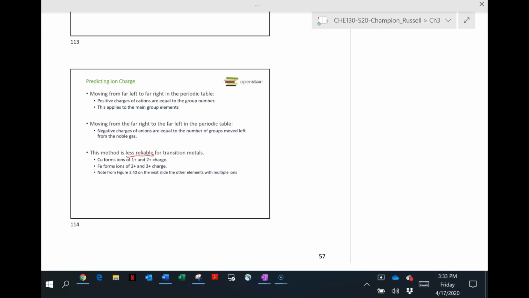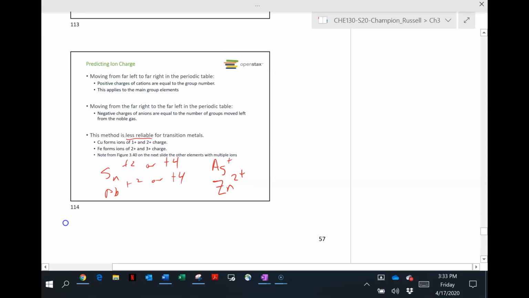For example, we know copper is either +1 or +2, iron is +2 or +3, tin is either +2 or +4, lead is typically either +2 or +4. Silver is almost always +1. Zinc is almost always +2. And of course, if we write +2 or 2+, those mean the same thing.